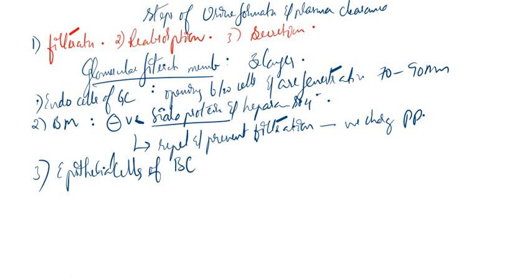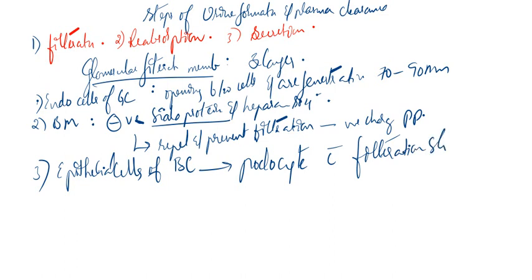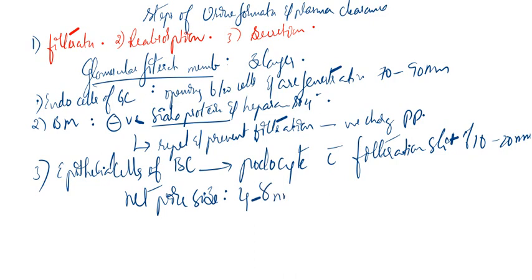They form foot-like processes, which defines them as podocytes, with a filtration slit of 10 to 20 nanometers. Now the net pore size is something like 4 to 8 nanometers.